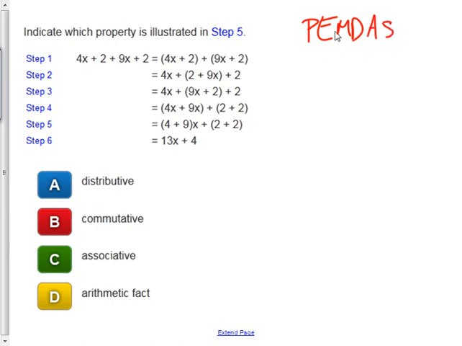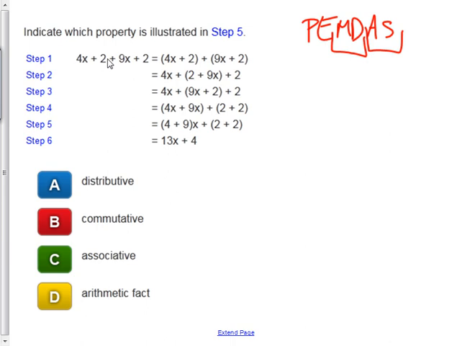We often say PEMDAS. We group the multiplication and division together and the addition and subtraction together. However, we can use properties of arithmetic and multiplication in order to do things in a different order, and it's still considered legal, I guess, as opposed to not being allowed to do it.